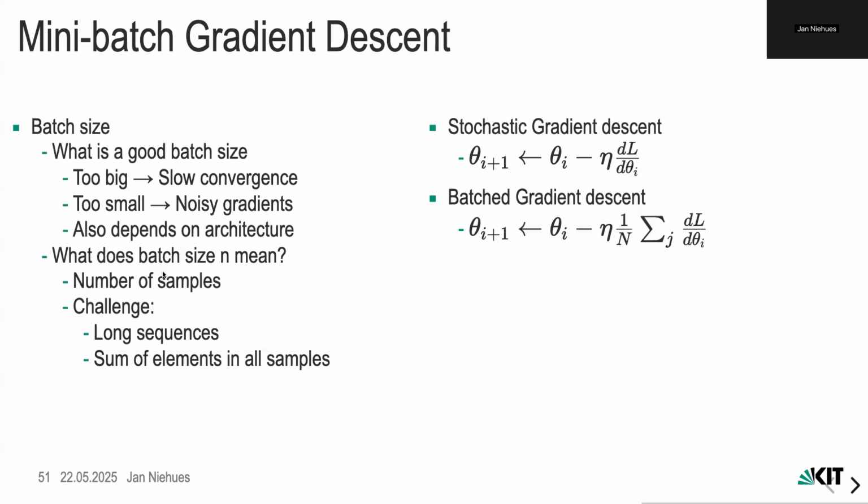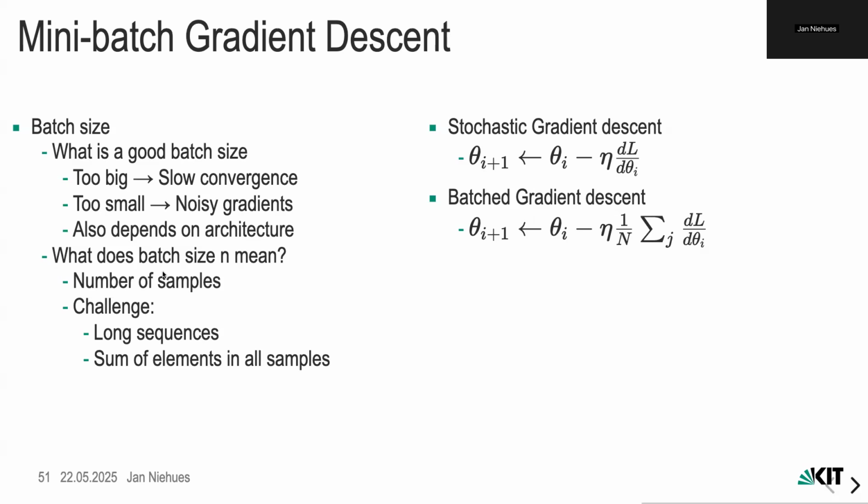So you have to somehow find a medium, which makes it even more challenging. It's not the same for everything, it really depends on what type of network you have. For example, when self-attention and the transformer came out, it was shown that you need a lot larger batch sizes there. So you couldn't do as many updates as before. So you really have to adjust it a bit. However, there are nowadays typically good estimates on how to do it.